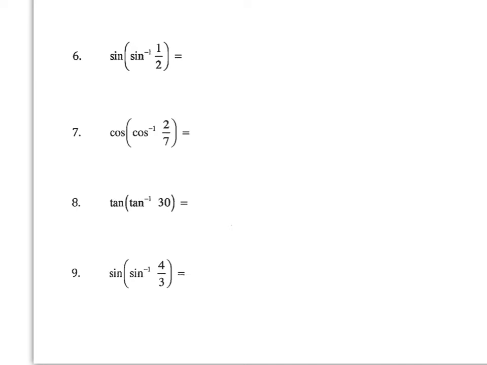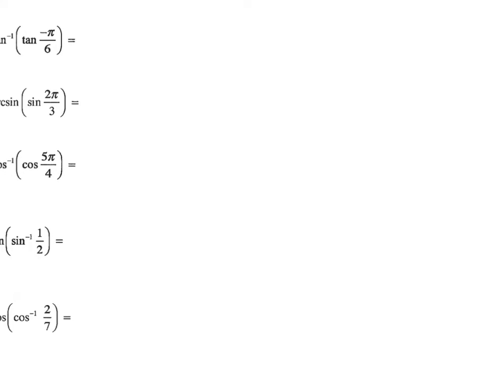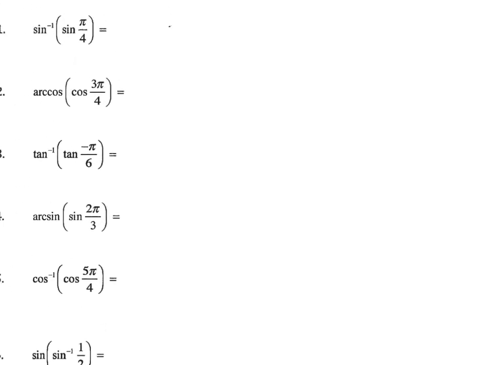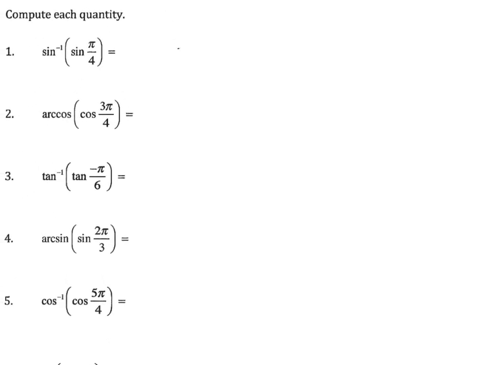First thing that we need to understand is that whenever we are doing a sine inverse or a cosine inverse, remember that the x value has to be greater than or equal to -1 and less than or equal to 1.